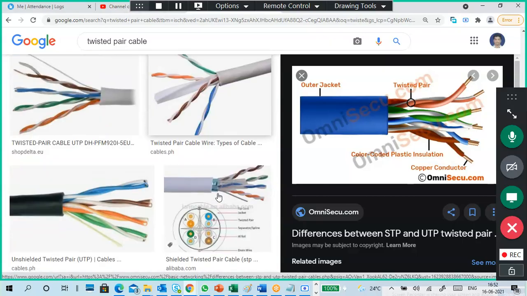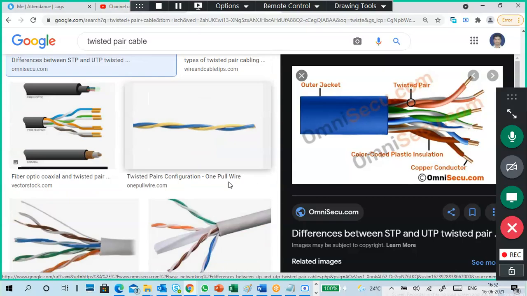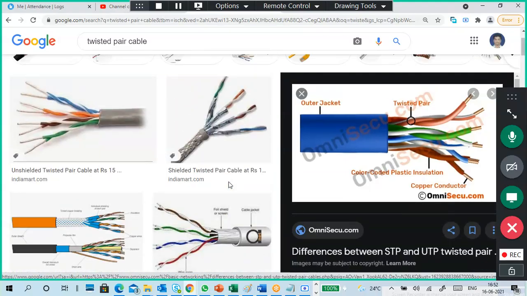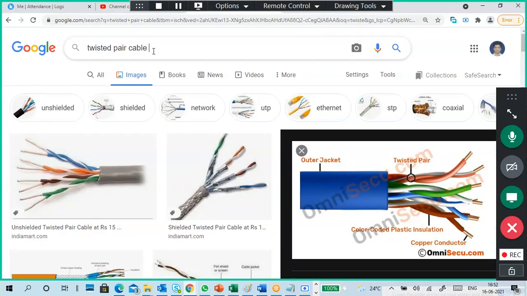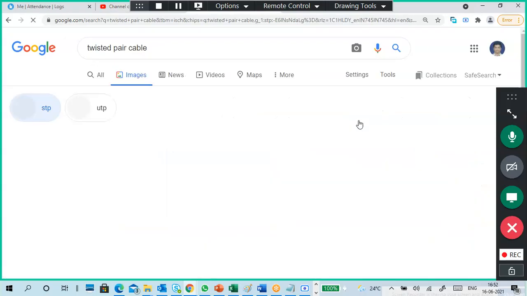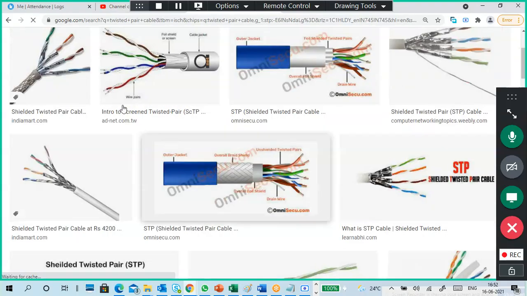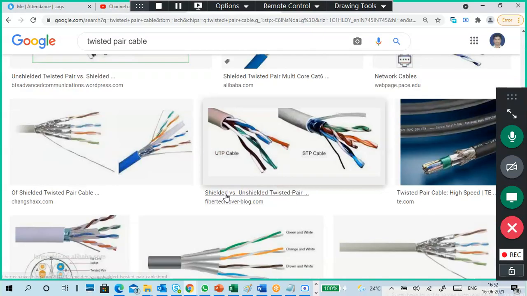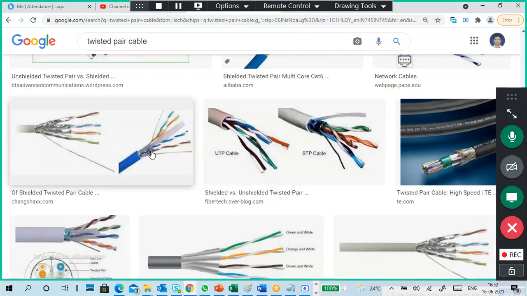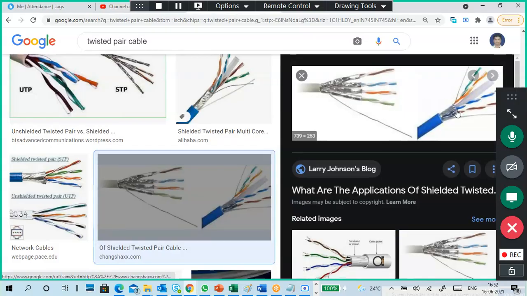Now STP cables: there is a shield of copper like this. This is pair-to-pair copper shielding, like a coaxial cable.